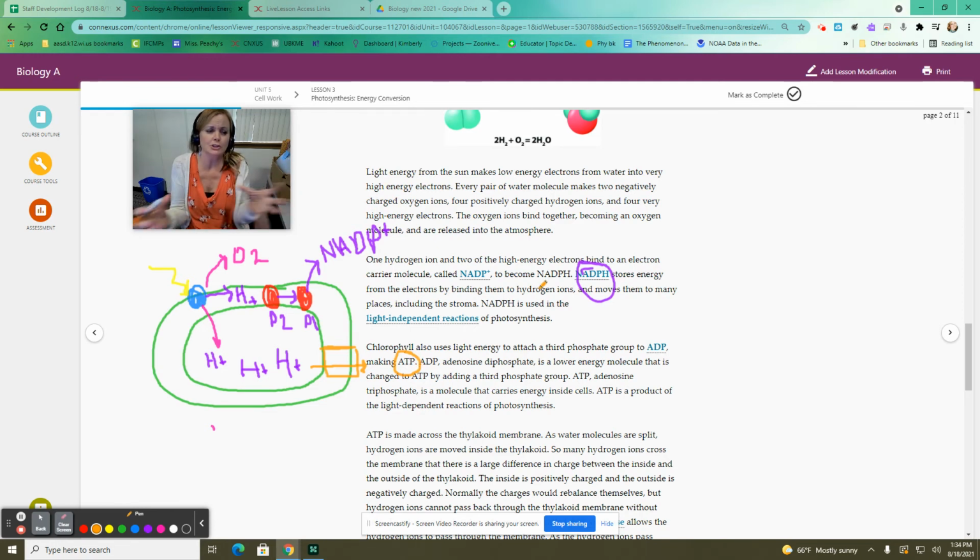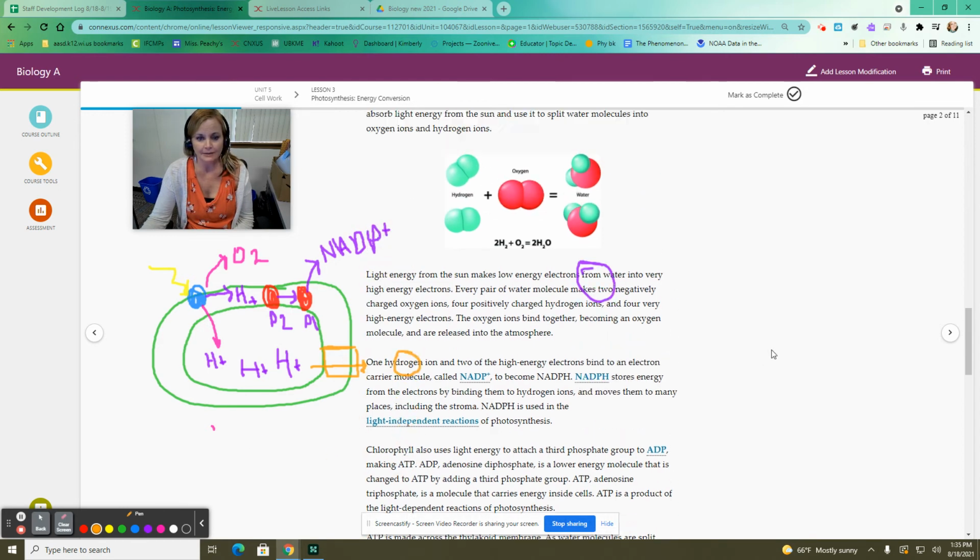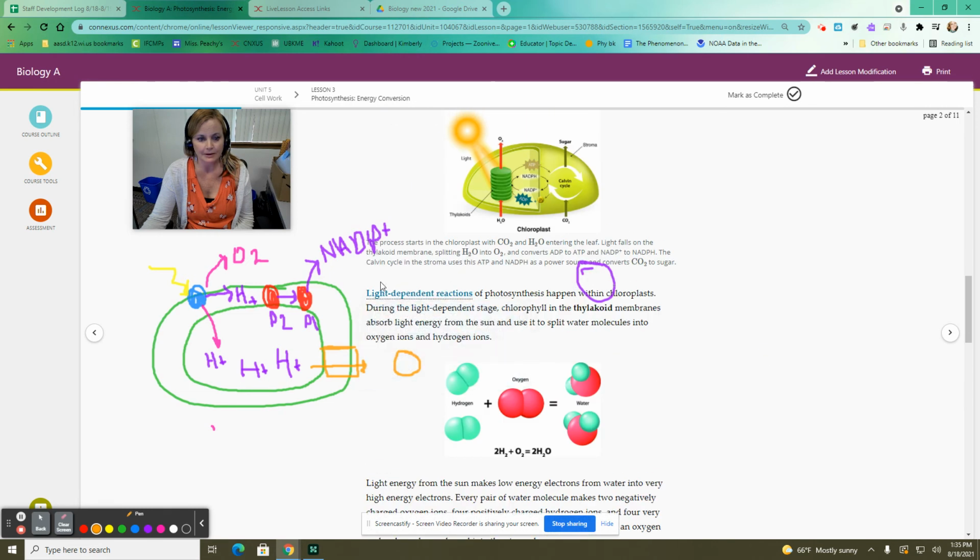They just use that energy to move that phosphate group over and attach it to the ADP, making ATP. So at the end of the day, our light dependent reactions create ATP and NADPH. That's what they do. Okay.